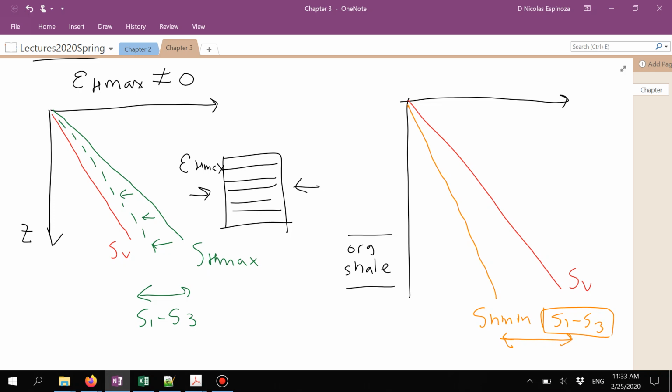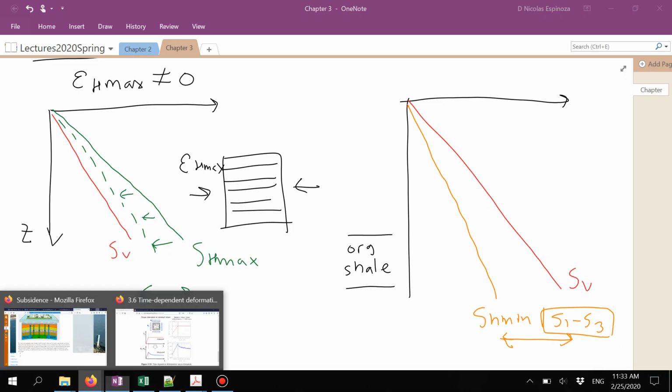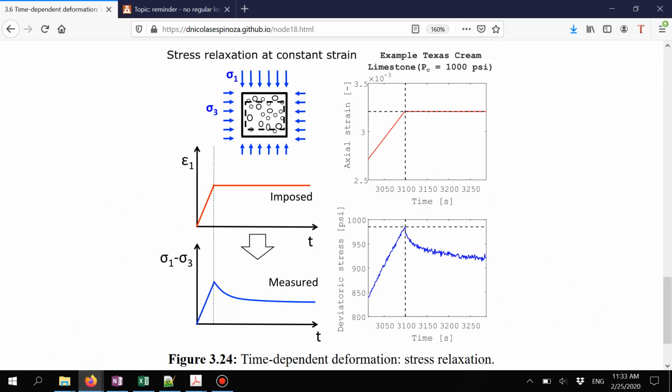Just to remind you, let me bring back this plot. This means that with time, as long as this strain is acting, these stresses are going to relax and the deviatoric stress, or the difference in stress, is going to get lower and lower.